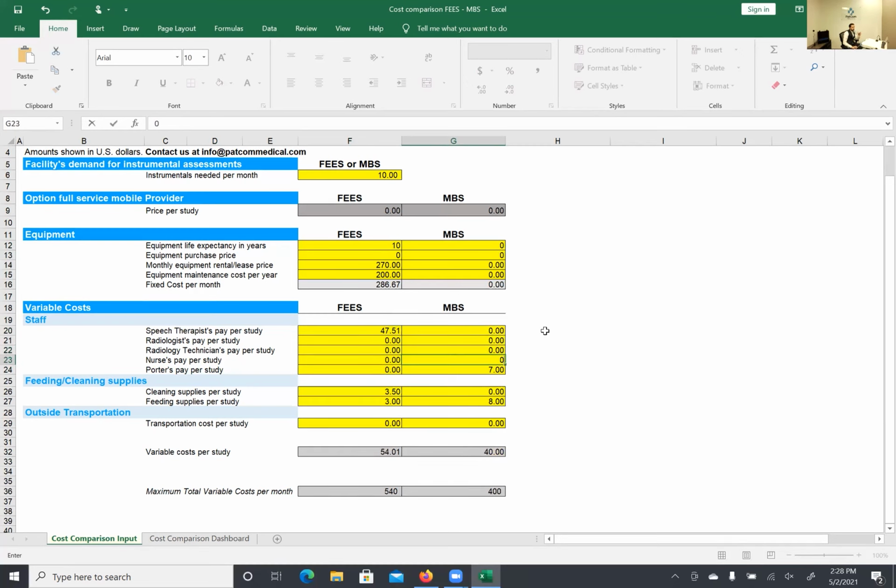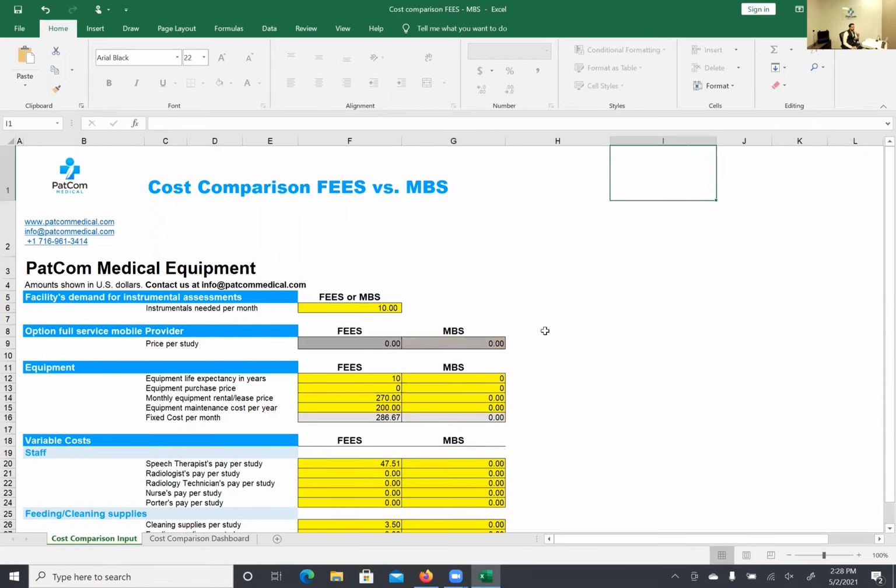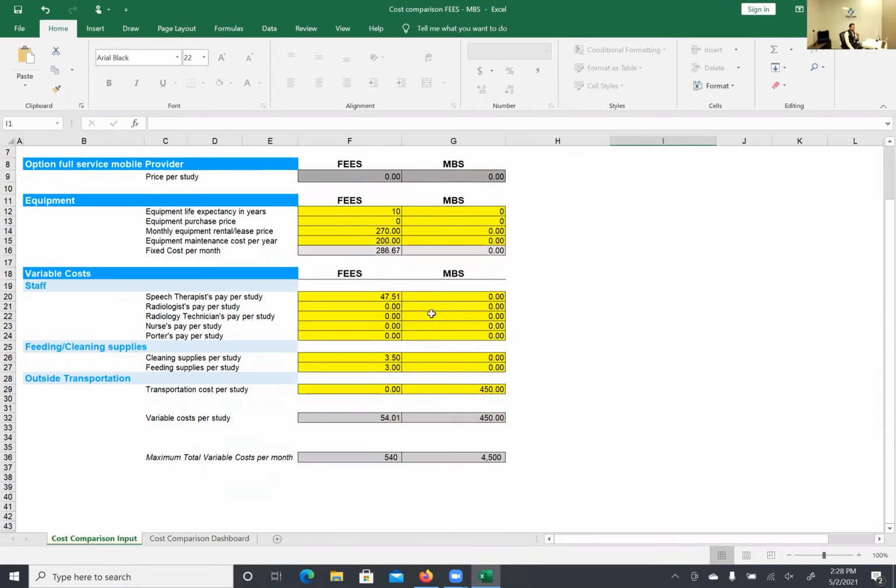The only other thing that potentially could happen is that the facility is being charged by the hospital. But even if they're not being charged and all of this is zero, there's going to be that transportation charge down here, right? And this might be several hundreds of dollars sometimes. So, if we say there's $450 just for transportation on this, you can put that in here and then see what that looks like. Cleaning supplies, we're going to leave as is.